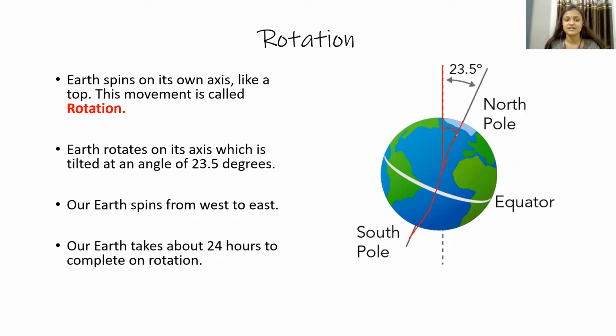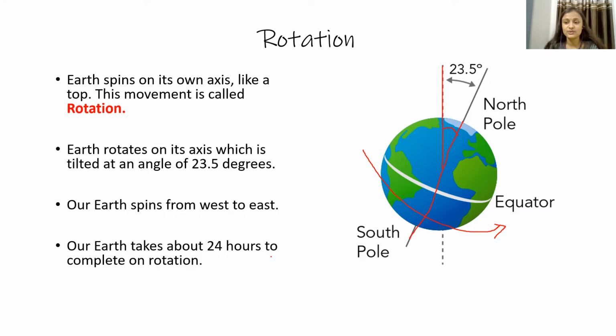Right, students? Good. Next, our Earth spins from west to east. So the direction of rotation does not ever change. It always rotates from west to east. Okay, understood, children? Now, our Earth takes about 24 hours to complete one rotation.